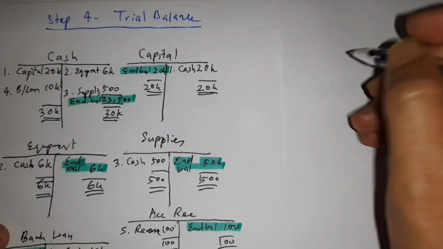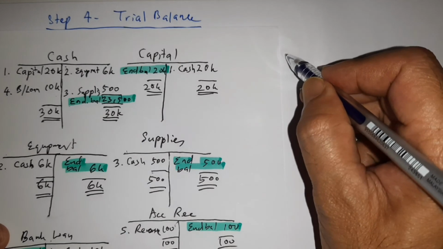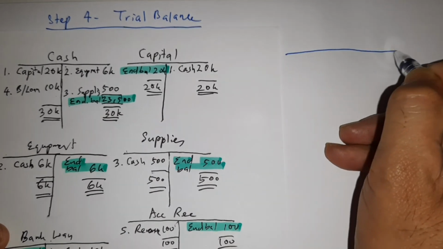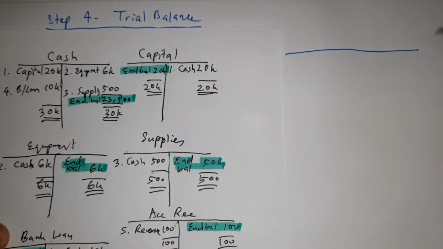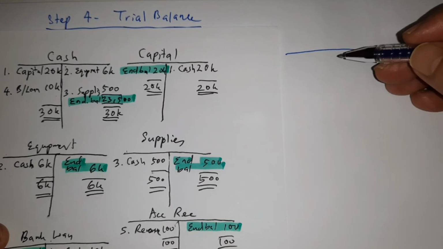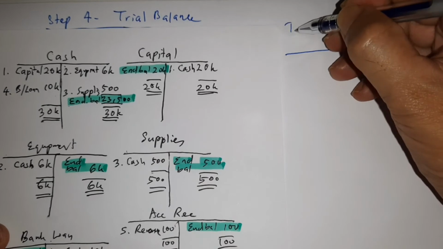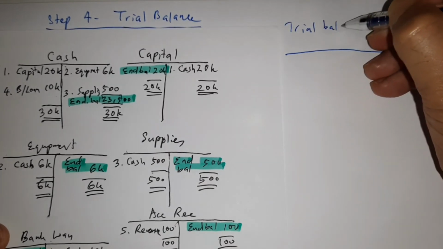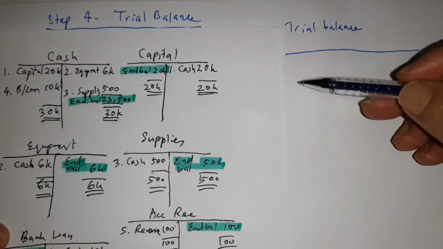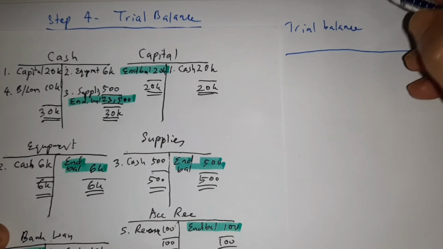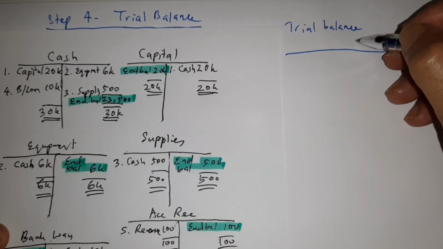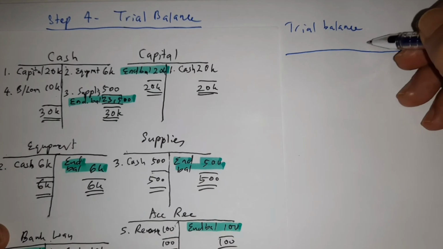This is the format of the trial balance. You have to list all the accounts with their balances. You have to list all the accounts here, and you have to show balances for all the accounts.